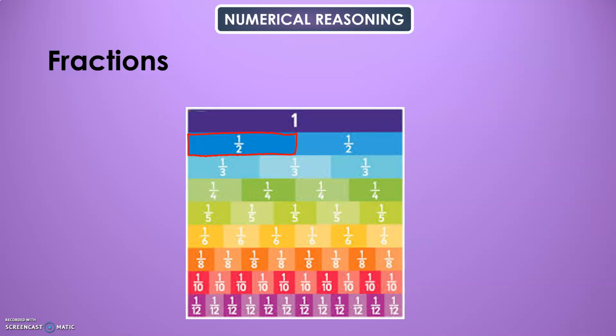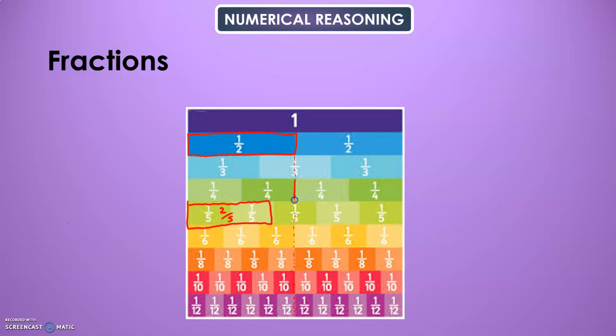The interesting part about fractions is that we can write a fraction in different ways. The interesting thing with a half, if I make a dotted line, is that we can represent a half in a different way.